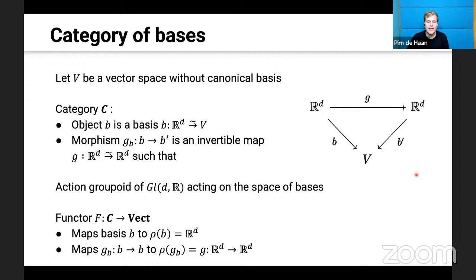And we can have a functor from the category C to the vector spaces by mapping every basis to the space R^D and mapping the basis transformation just to the matrix G.